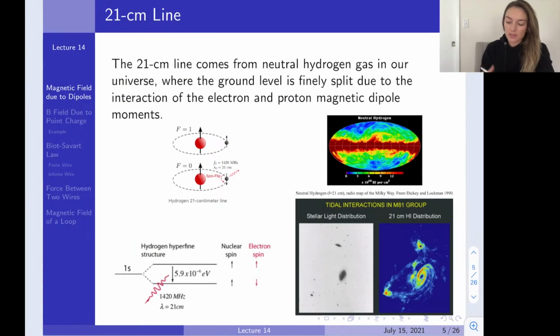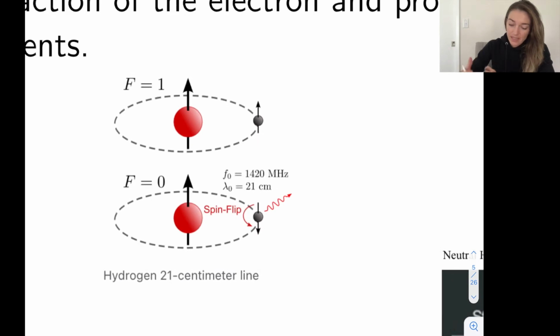And one of the physical effects of this that's actually useful is this 21 centimeter line. So the 21 centimeter line happens because of neutral hydrogen. Hydrogen is the most abundant element in our universe. There's hydrogen gas everywhere in galaxies. So in hydrogen, you have the proton here, and the proton will have its own magnetic dipole moment.